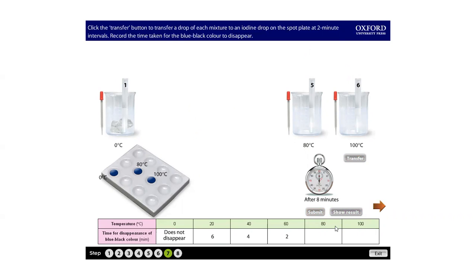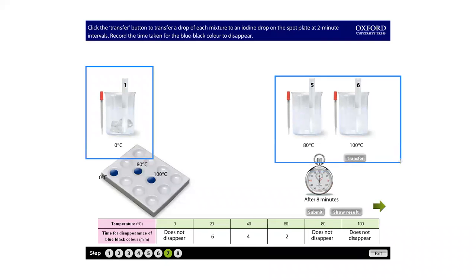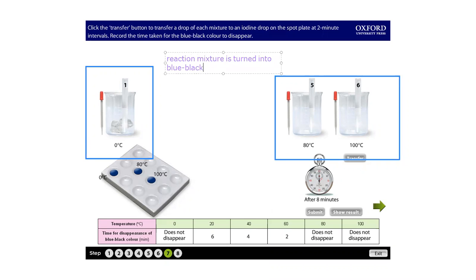0 degrees Celsius, 80 degrees Celsius, and 100 degrees Celsius, the blue-black color will not disappear. It does not disappear means that they all still have starch. It's turned into blue-black.